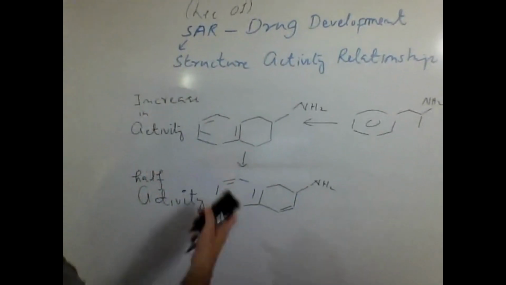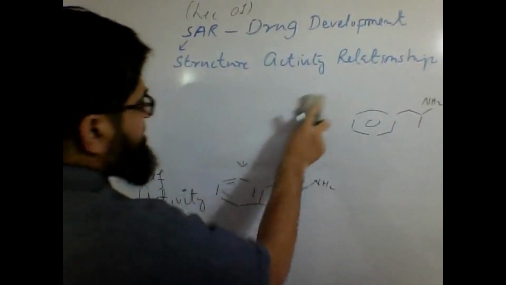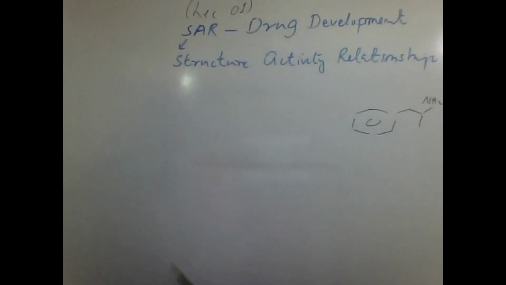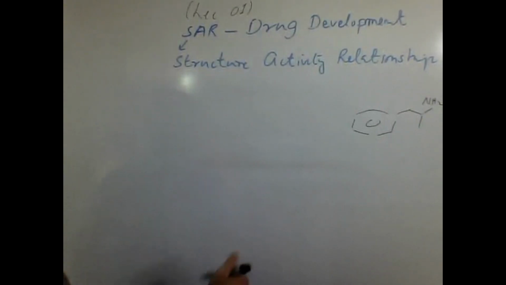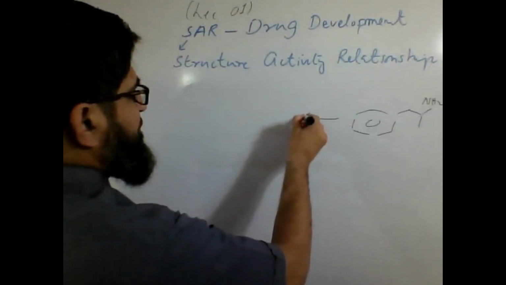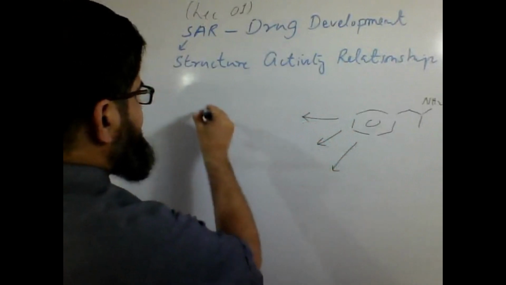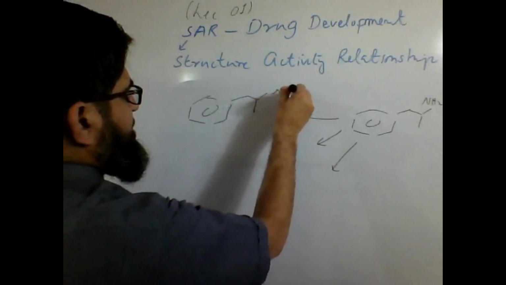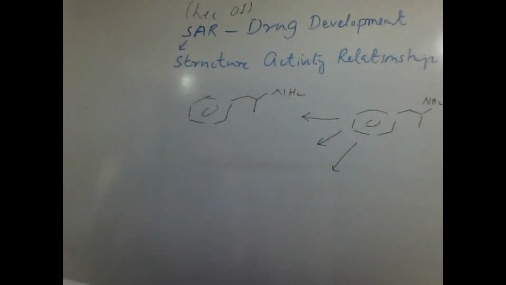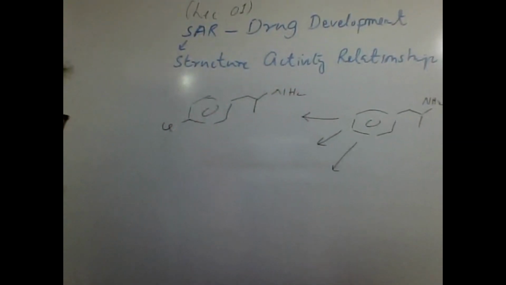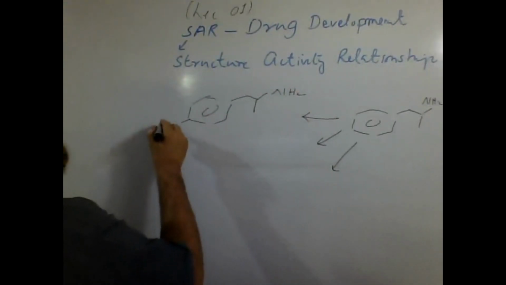So these are a few of the examples again. I'm just trying to convey to you how simple changes are actually causing so many differences in pharmacological effects. Then again, people use this body. Nothing special. Initially, somebody introduced halogens. A chloro group was inserted at para position.